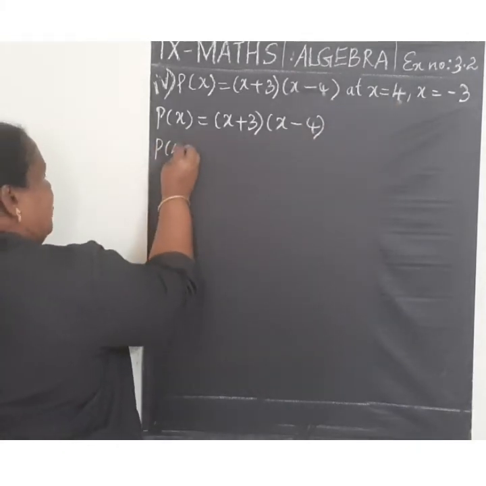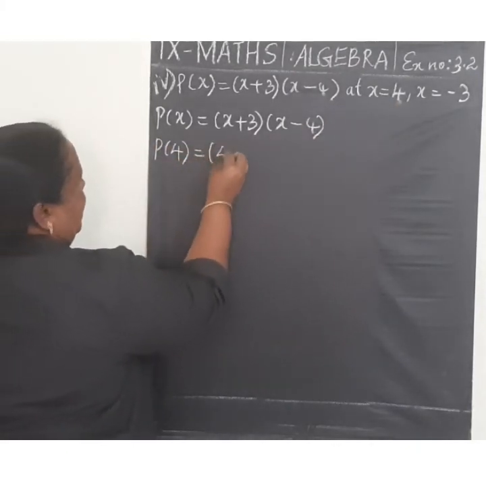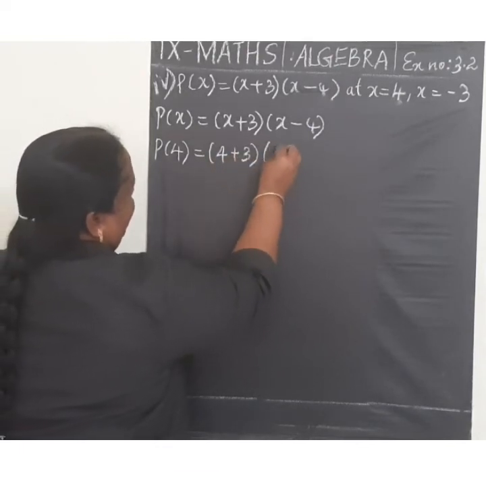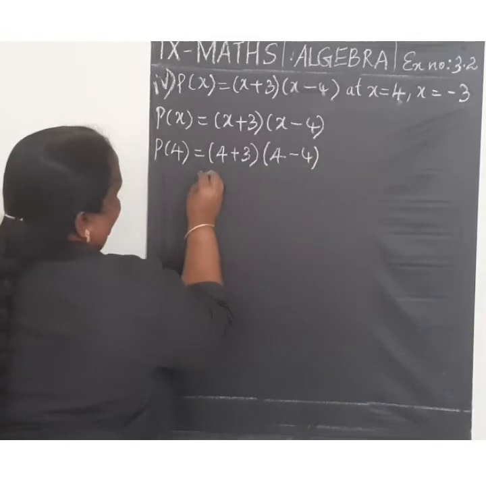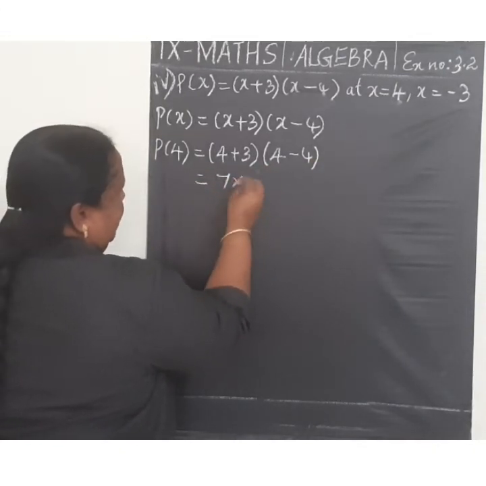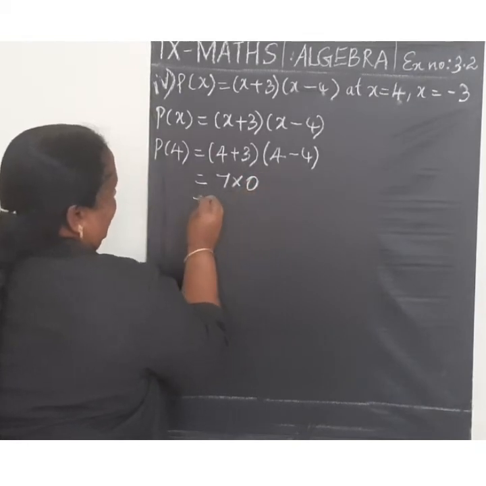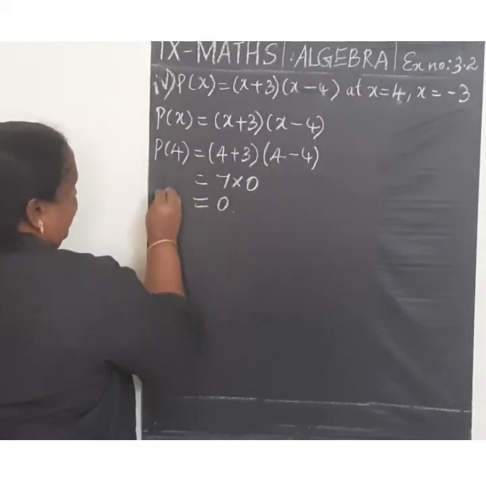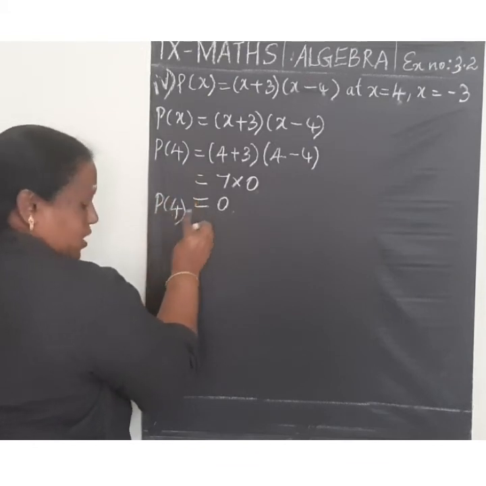So P of 4 is equal to 4 plus 3 into 4 minus 4. So 4 plus 3 is 7 into 4 minus 4 is 0. So 7 into 0 is 0. So P of 4 is equal to 0.